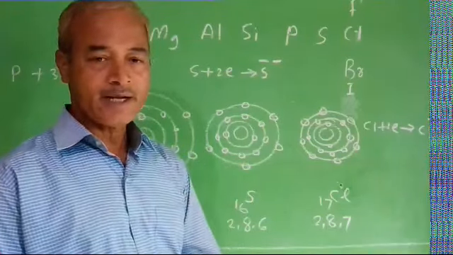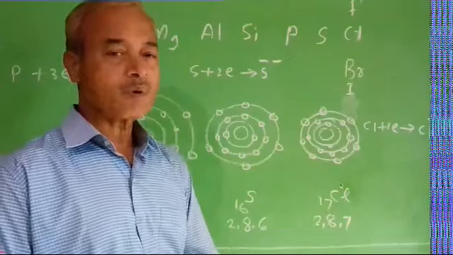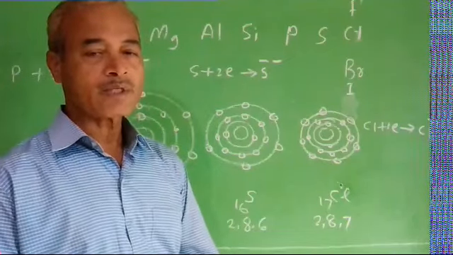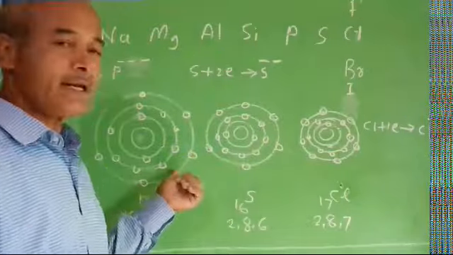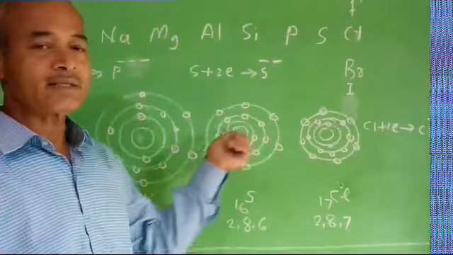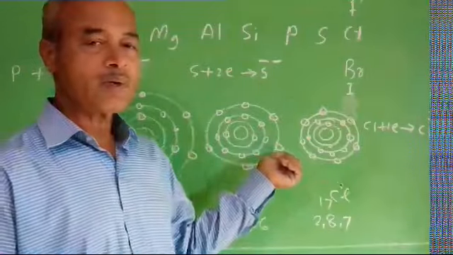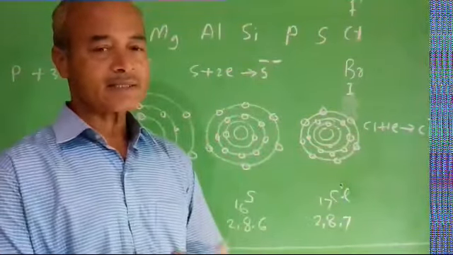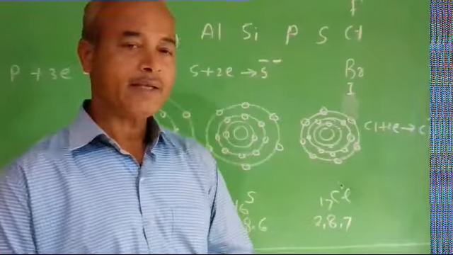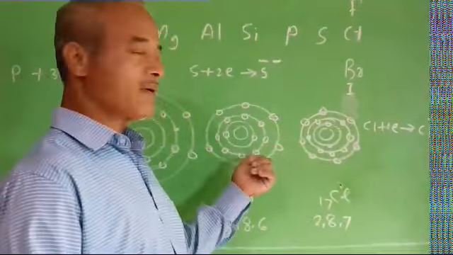In the same way, if we go to the right, phosphorus needs 3 electrons to become stable. It accepts the electrons and becomes phosphide ion, almost like argon. But accepting 3 electrons is not as easy as accepting 2 electrons or 1 electron, and therefore phosphorus is less non-metallic than sulfur.